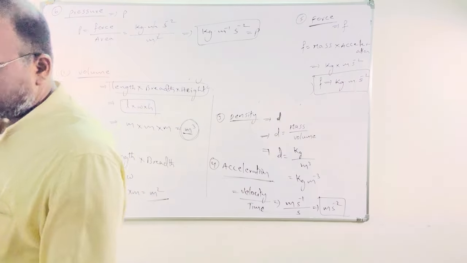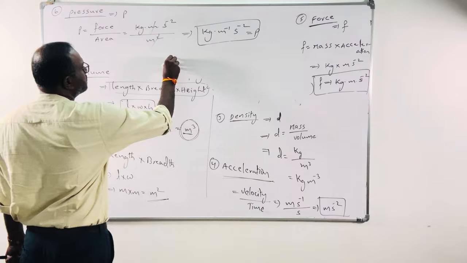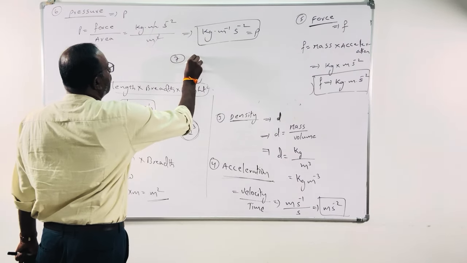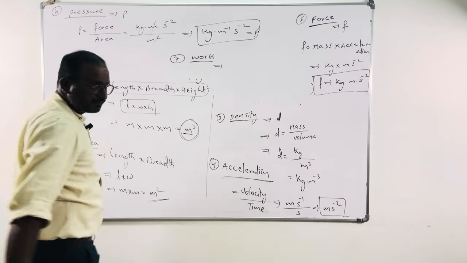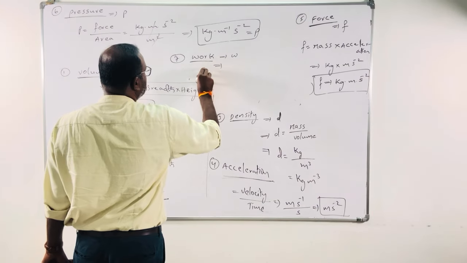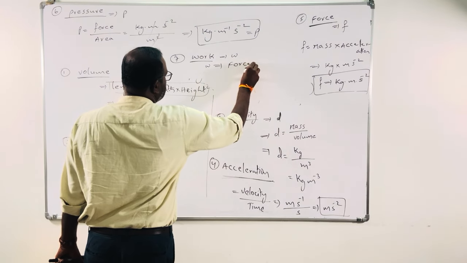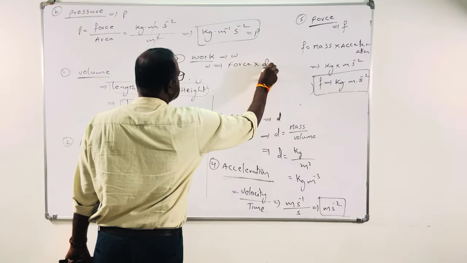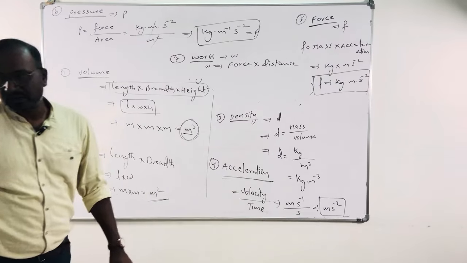Of course work also we require, that is force into distance. Seventh one, work. This is also a physical quantity. It will be calculated. The symbol for work is W. It is calculated by the formula force into distance. Force into distance is nothing but work.